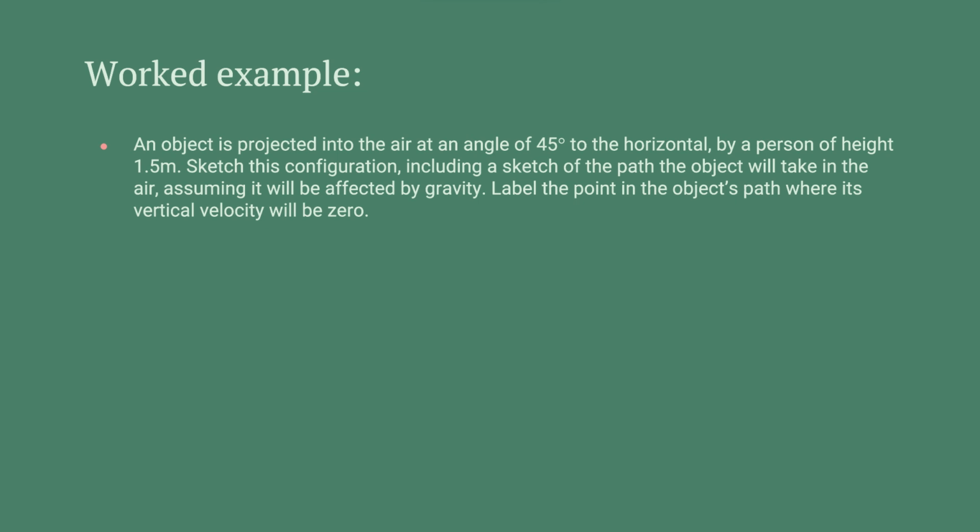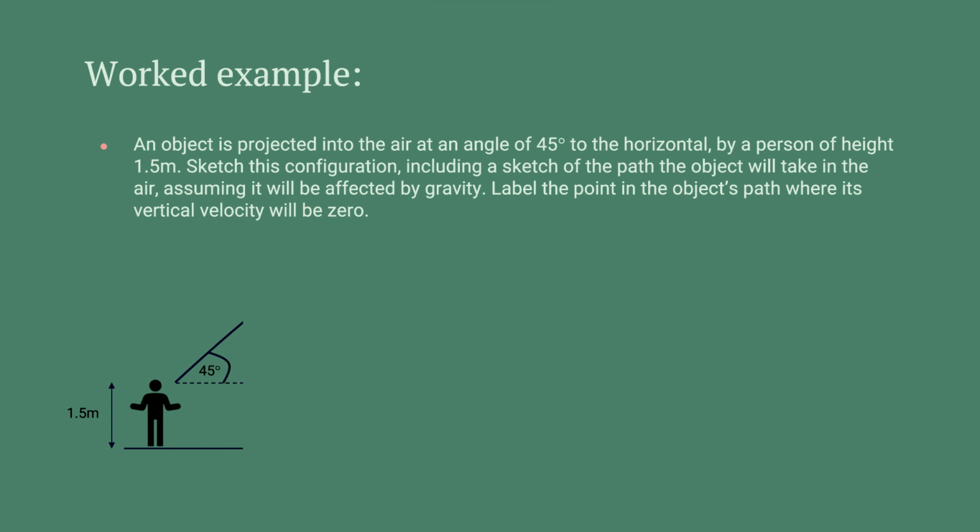So, first things first, a little sketch of the problem will always help us in this kind of scenario. Now, firstly, let's just sketch the figure of 1.5 meters in height. And then, obviously, it's being thrown from the figure at about shoulder height with an angle of 45 degrees.